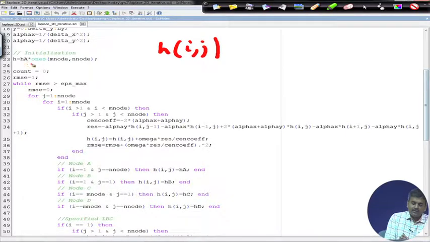Here, initial value I have multiplied by h_a, that means point A value I am specifying for all the nodes, and I can initialize this and I can get the solution here.